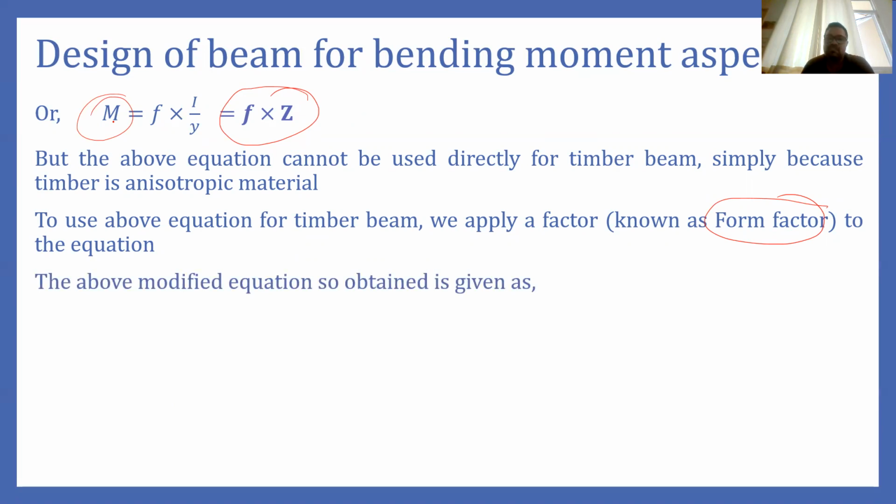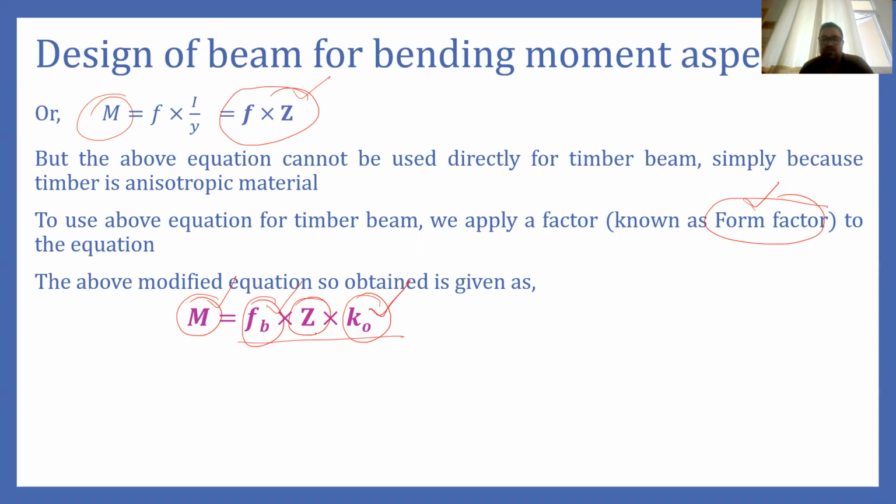Once we get this form factor, we can easily modify this equation, and the modified equation we obtain is M = FB into Z into K naught. Now, M is the moment of resistance or maximum bending moment of the beam, FB is the permissible bending stress, Z is the section modulus, and with this we have added one more term, which is called the form factor.